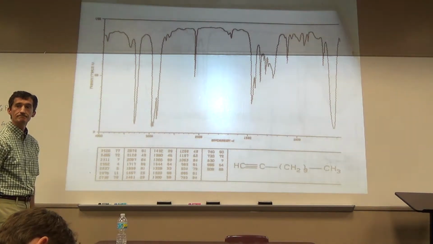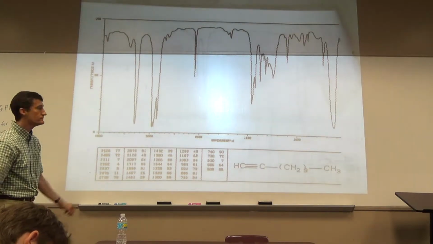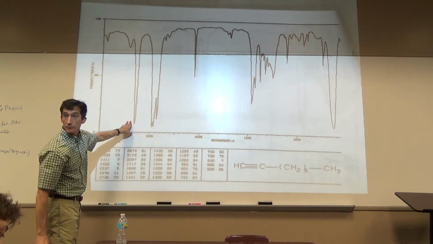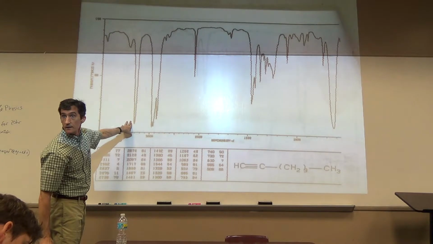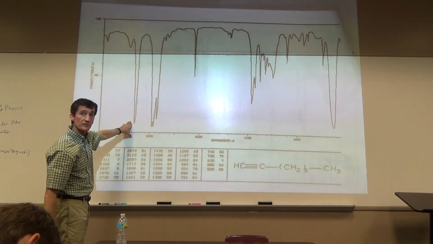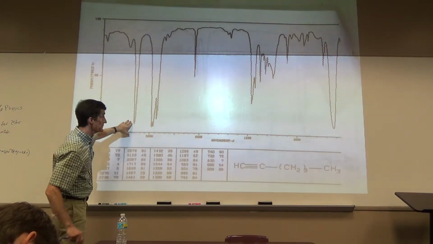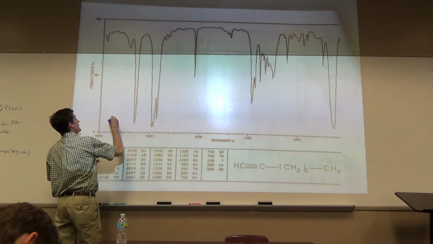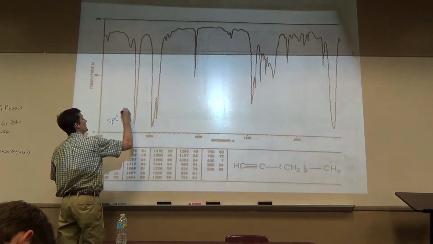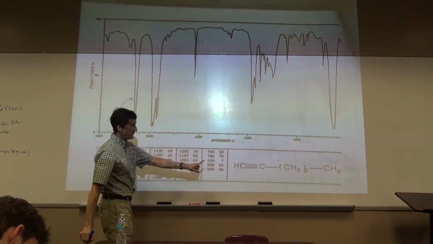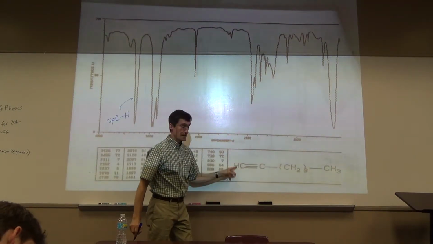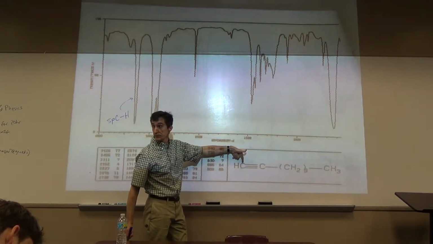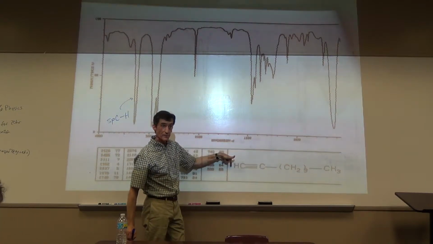Do you have something assigned? Shout it out. The first one is an sp C-H. That peak. Sp what? Carbon-hydrogen. What's the hybridization? Sp. Right here, because here we have this alkyne, and the carbon is sp. Triple bond region, single bond region.